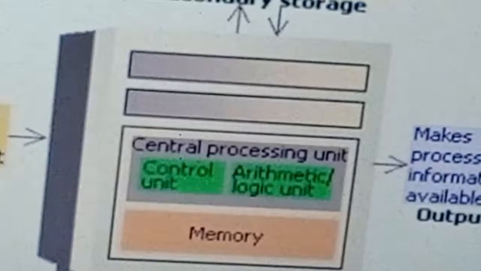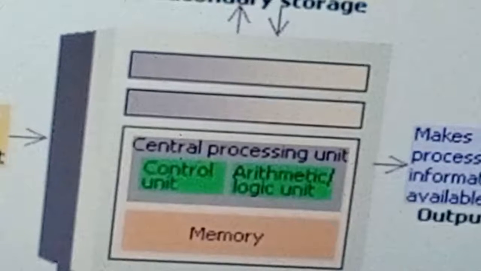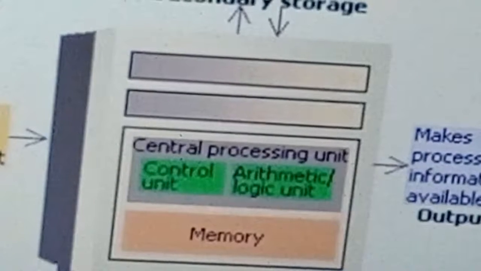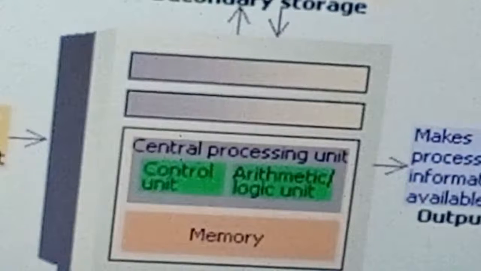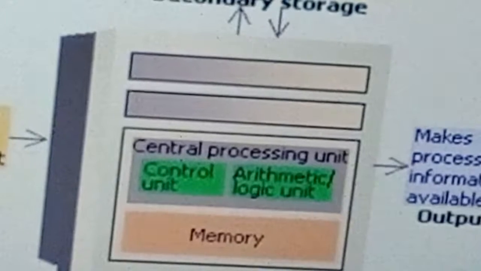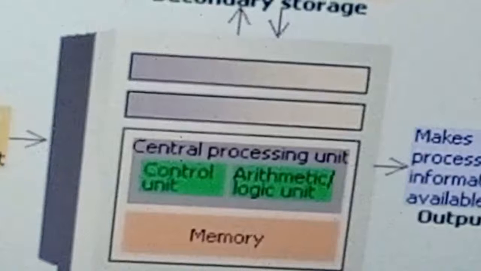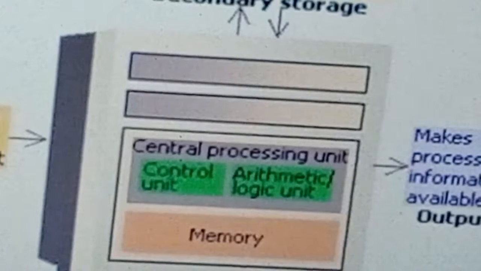Now coming to secondary memory, it refers to external storage, where the data or information stored is permanent. The data cannot be directly processed in secondary memory.